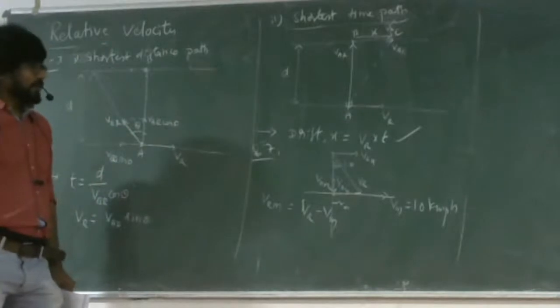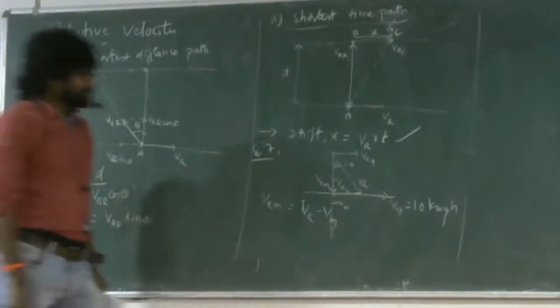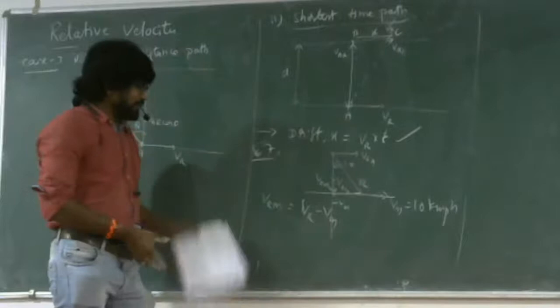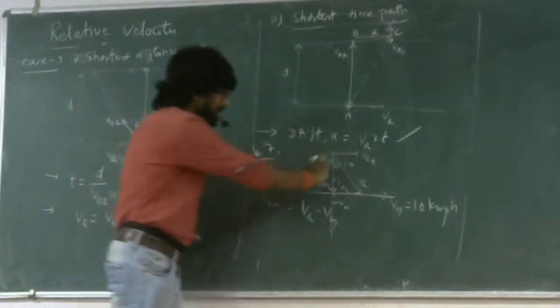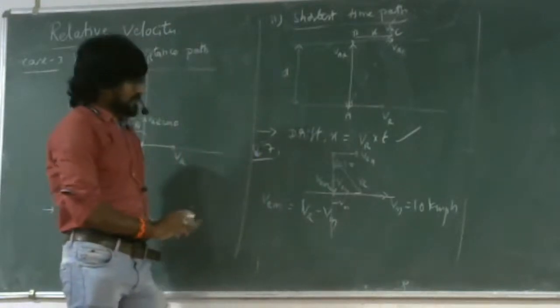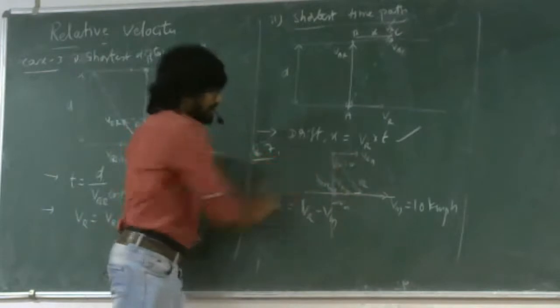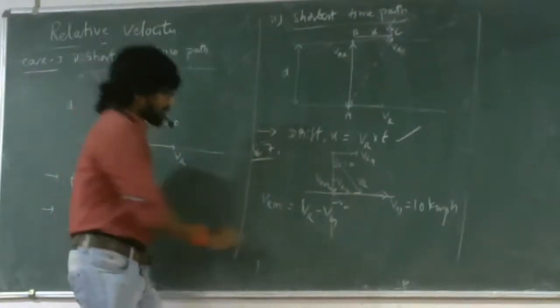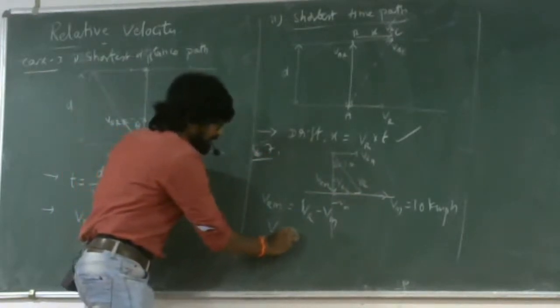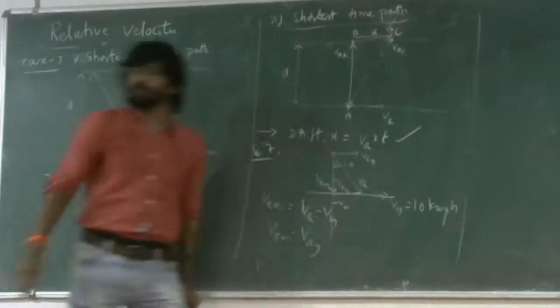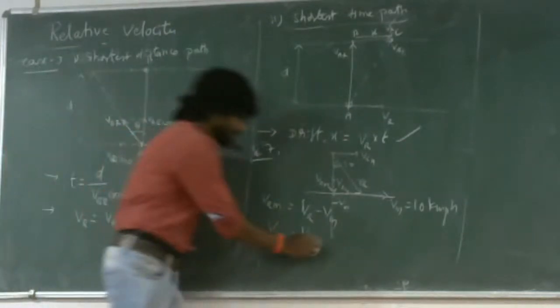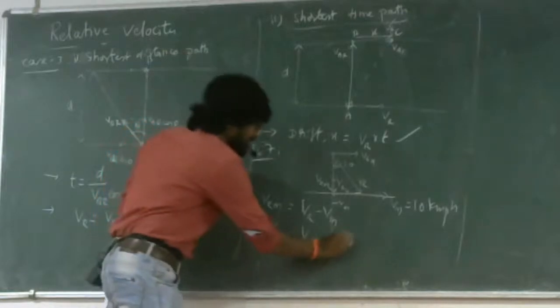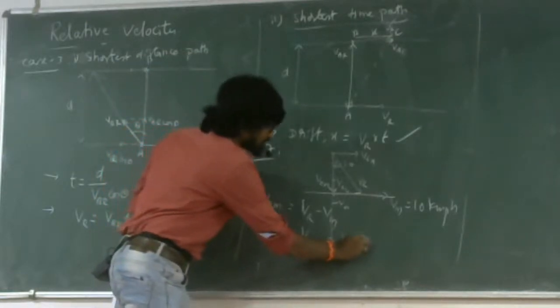So how to find the velocity of rain? Here Vrm is coinciding with Vry. So Vrm is equal to Vry, but Vry is nothing but Vr cos theta.